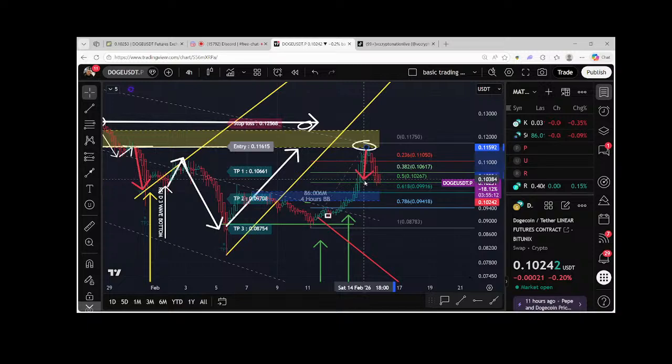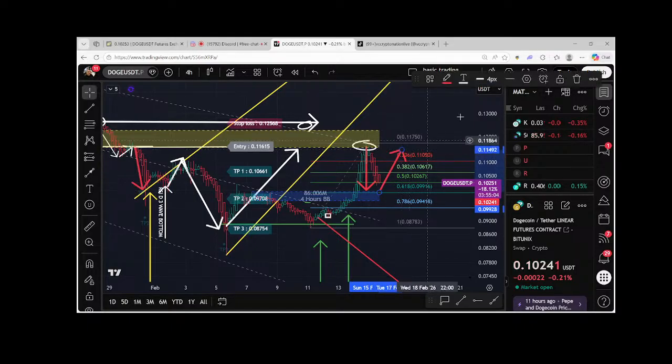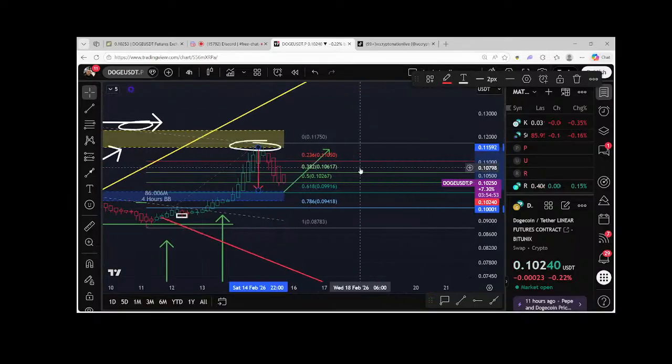And more than likely, it's probably going to touch the order block that was previously down here, because what this is creating is just like what everyone else is looking at. It's called a channel, right? That's all it is. It's just a channel. And this is creating the 4-hour channel that we're looking at, right?